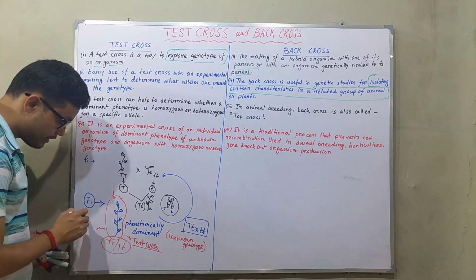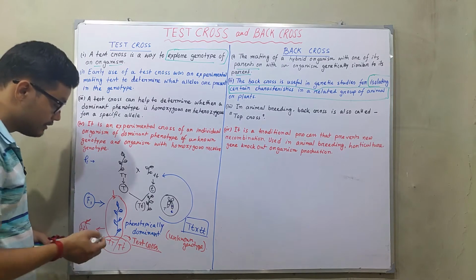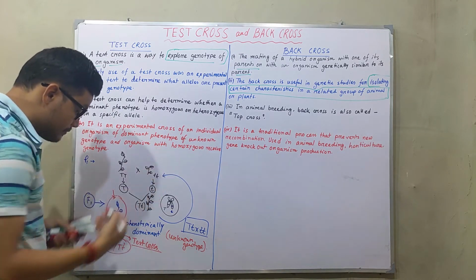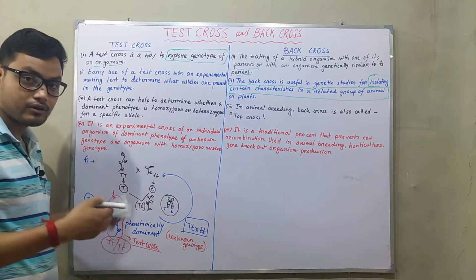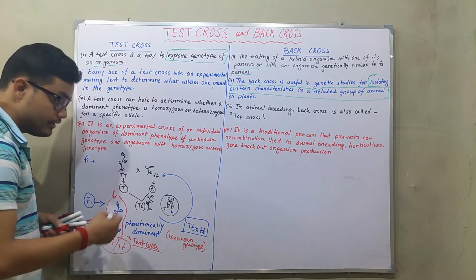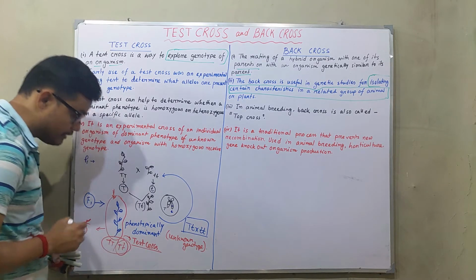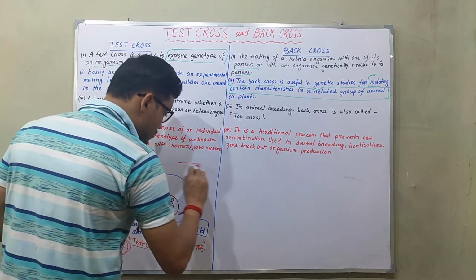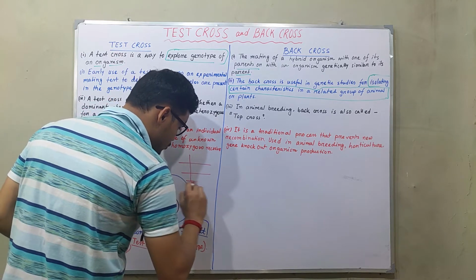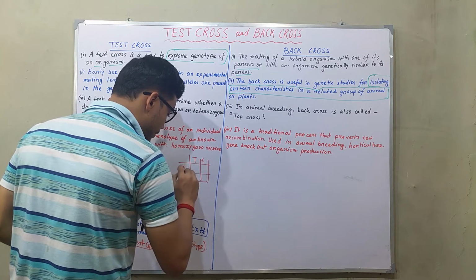Whenever we cross it with the double recessive parent, we get some phenotypical expressions of this particular pea plant in the next generation or F2 generation. So if it is capital T small t in nature, if we draw a Punnett square, capital T small t along with small t.